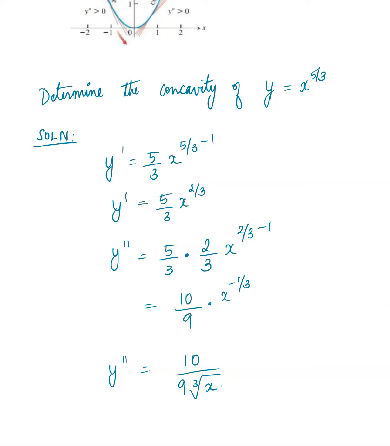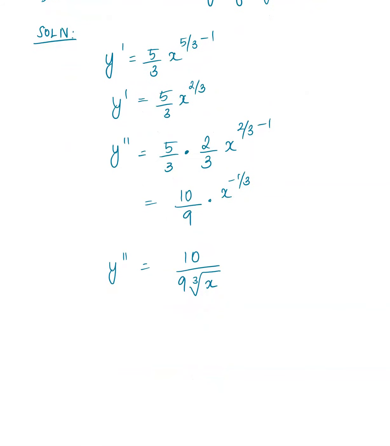Now we need to see what happens for y double prime. Where does it change sign? But just before that, whenever you have this situation, you want to see where this becomes undefined, and we know this becomes undefined at 0. So x should not be 0, right?